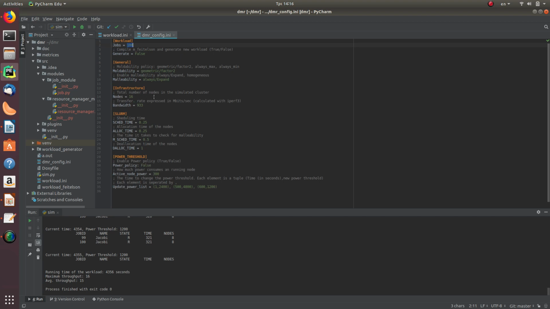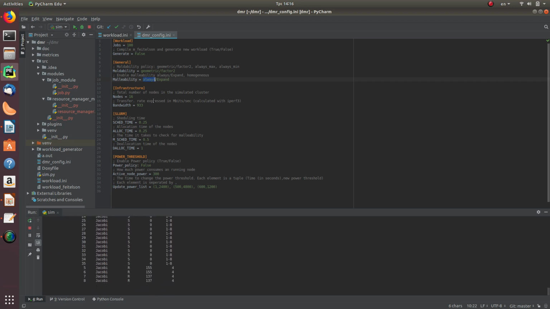So let's run this workload with the first policy. It's called always expand, and it's a policy that my supervisor has written in his paper. Let's see the results. So now it is running. It takes some time, of course.